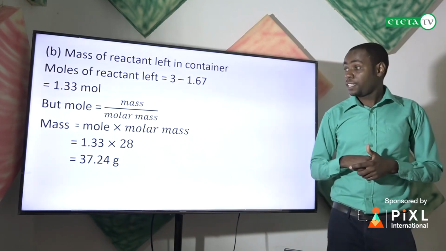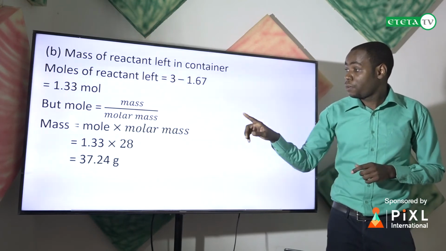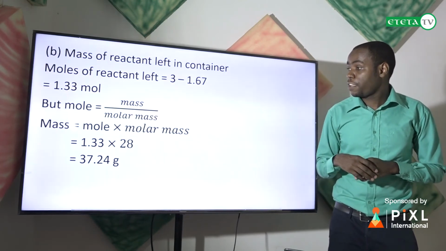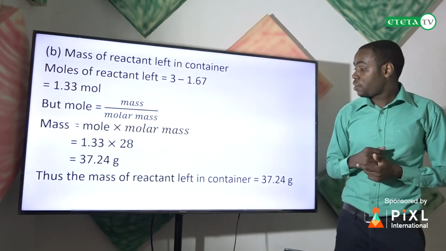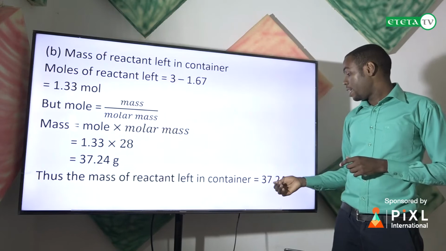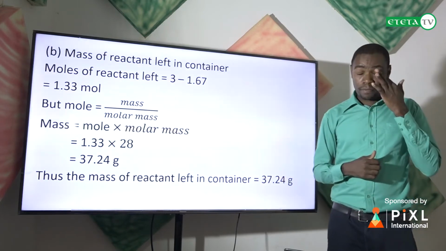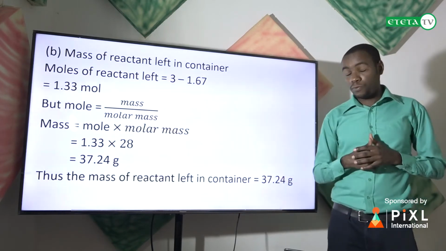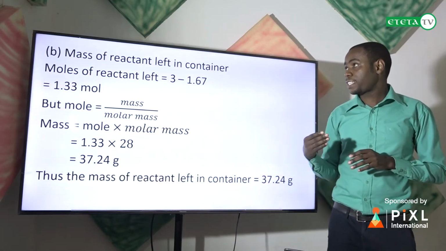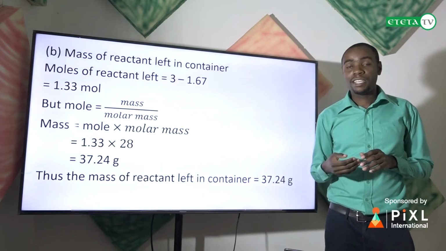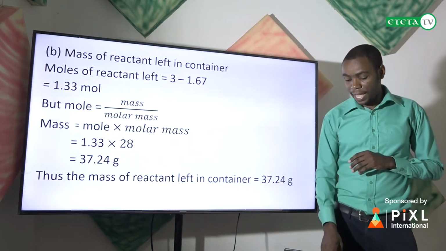In that case, the mass will be equal to 37.24 gram. So the mass of reactant left in container is 37.24 gram. This is the mass of nitrogen gas which is left in container.